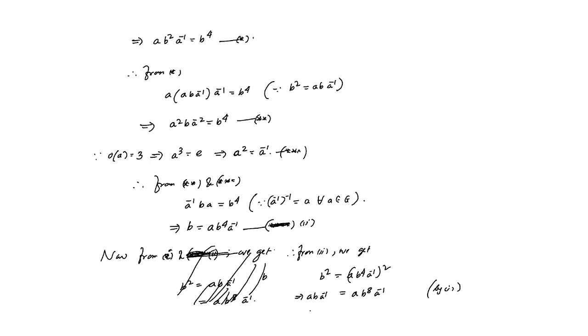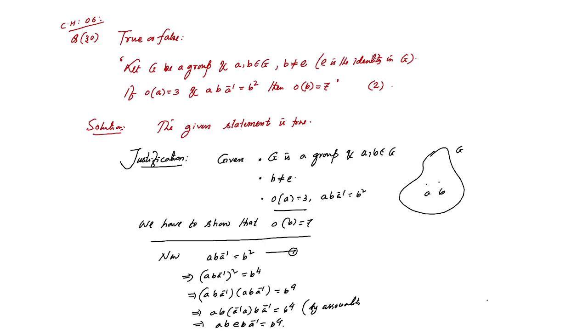Now we are cancelling A and A inverse on both sides by the cancellation law, and B equals B to the power 8. So that means we get B to the power 7 equals identity.